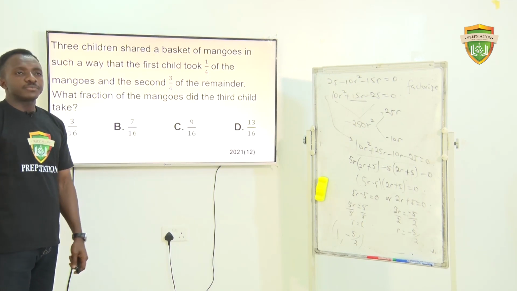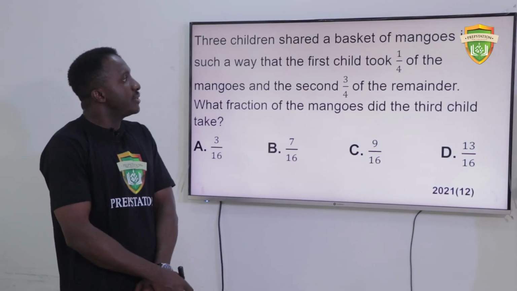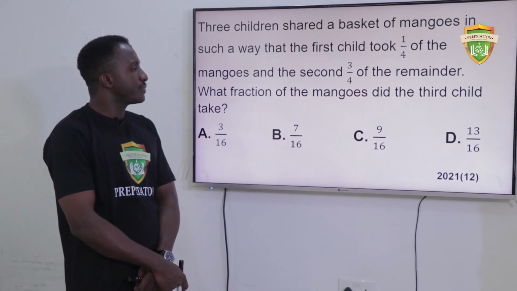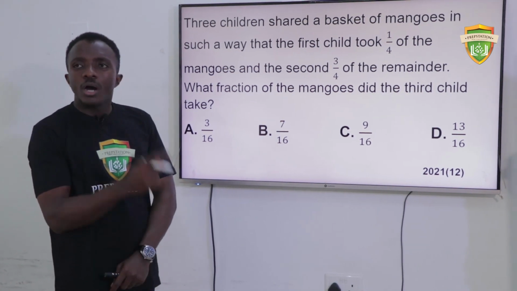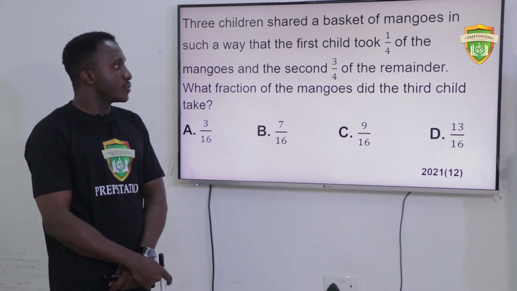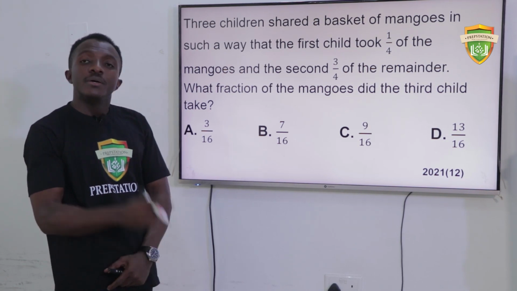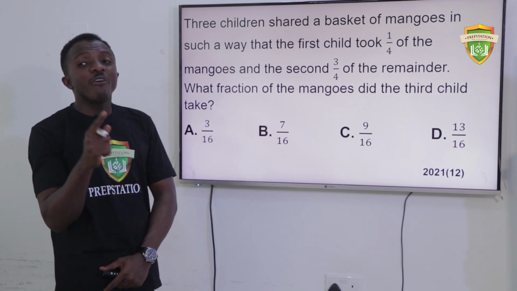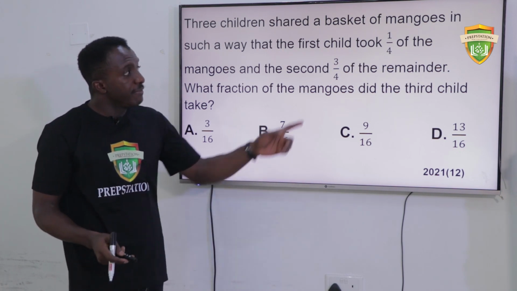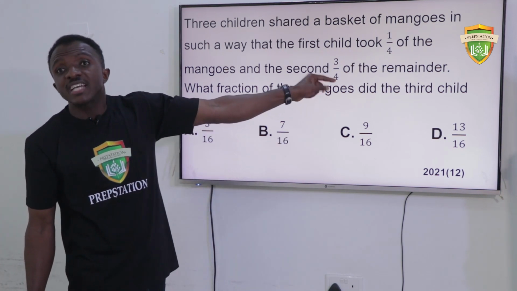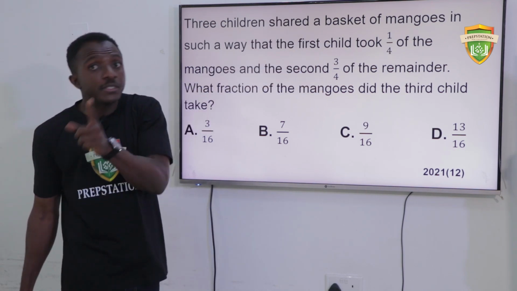3 children shared a basket of mangoes in such a way that the first child took a quarter of the mangoes and the second 3/4 of the remainder. Please take note of that. If the second child took 3/4 of the mango, there will be nothing left for the third child.